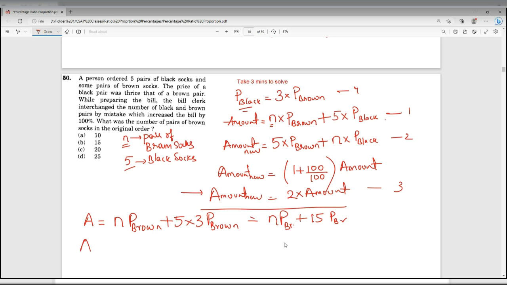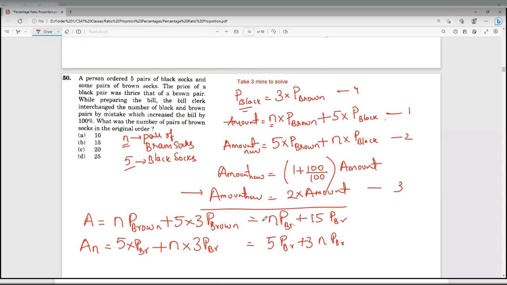Then the amount new is equal to 5 into price of brown plus N into price of black. Again, I will take it as 3 times the price of brown, which is equal to 5 into the price of the brown socks, and N into 3 into the price of the brown socks.